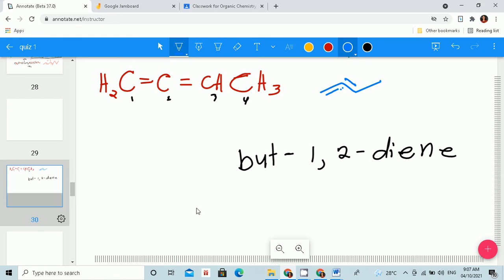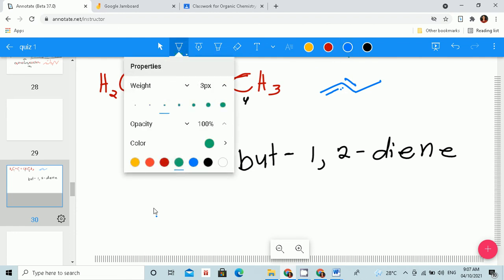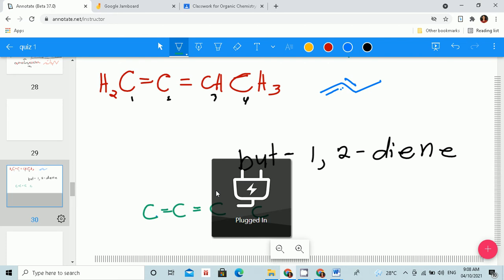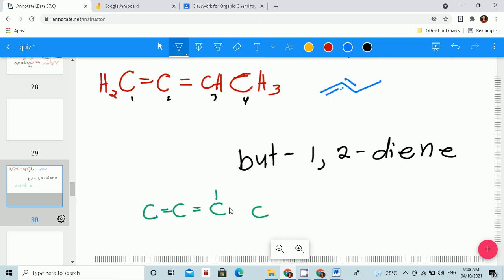Now, what about our complete structure? So we have 4. Okay, so I'll write 1, 2, 3, 4, and then we have a double bond here, a double bond here. Then we have one bond here. Okay, and then you distribute the H atoms.